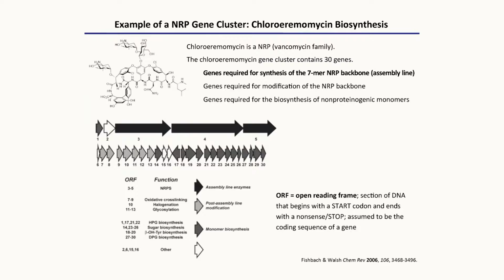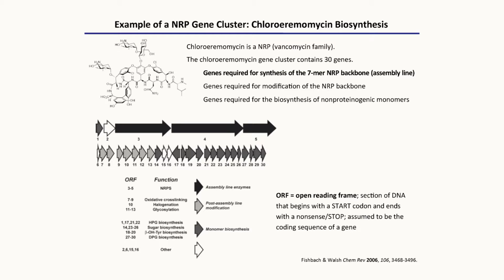Okay, so let's look at an example of a gene cluster, just so you get a sense of how much machinery is required to do the full biosynthesis of a molecule. This is for a nonribosomal peptide. It has some structural similarities to the vancomycin we saw on a prior slide, and is a member of the vancomycin family.